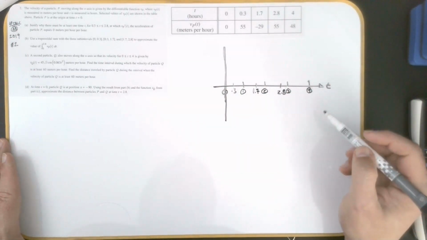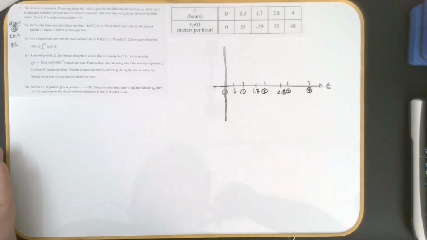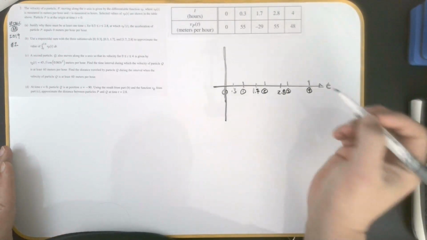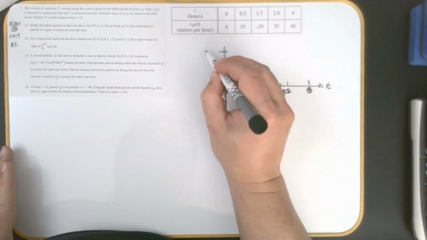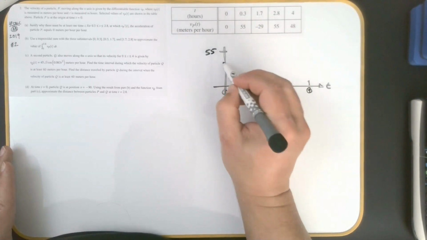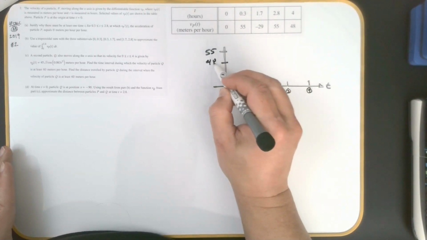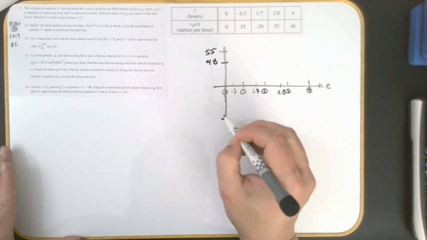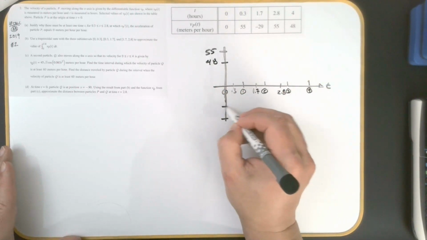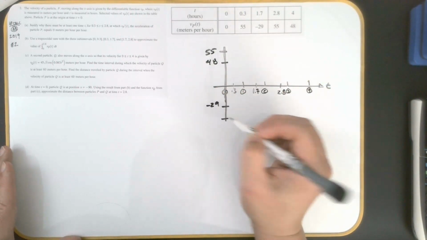Then vertically, we just have these two values really, so I'll just put 55 right there, and then down a little lower was 48, and then we had a value at about here, negative 29.